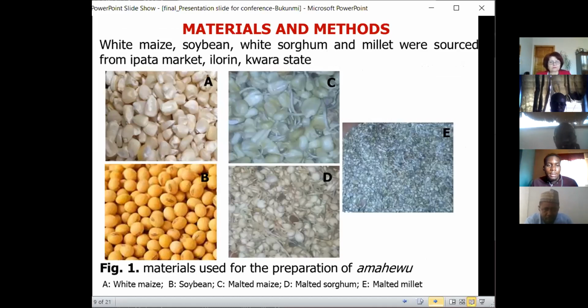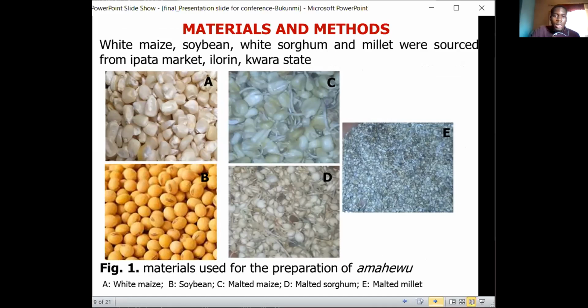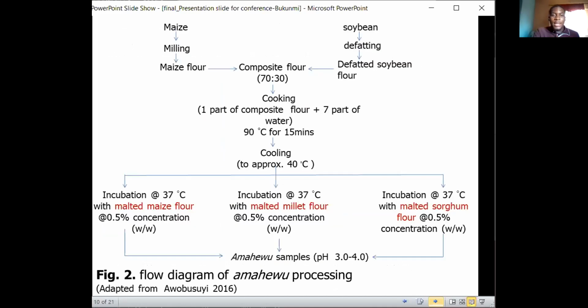These are the materials for the production, all sourced here in Nigeria, dried and ground to flour to produce Amayewu. As I explained earlier, this is the chart for the production of Amayewu.